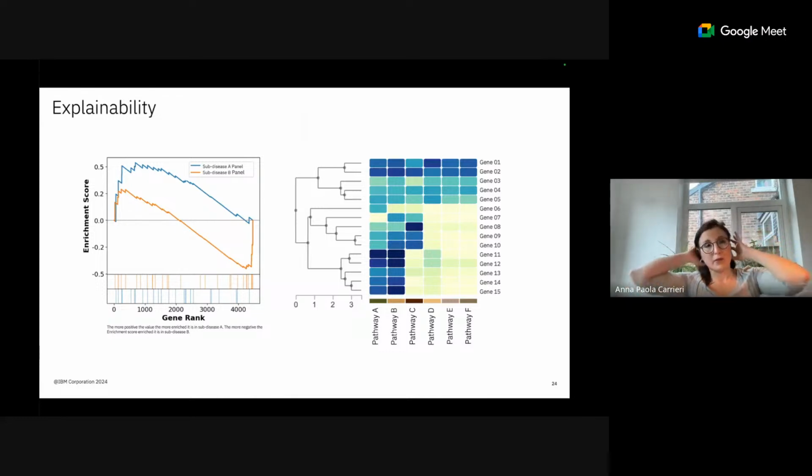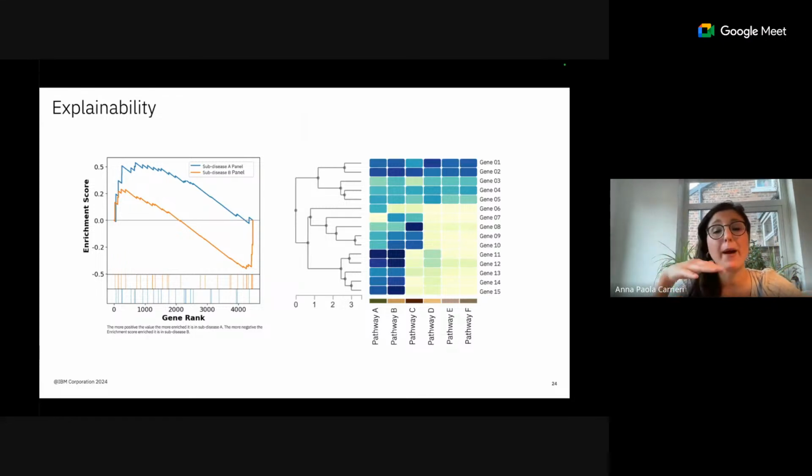The other thing that we do is look at what genes, if we're looking at gene expression, which features are more enriched in one disease rather than another. You can see on the left a rank of genes that are either enriched in disease A, the blue disease, or disease B, the orange disease.